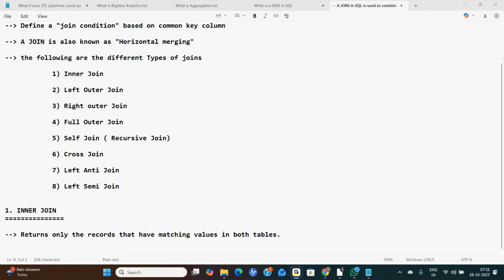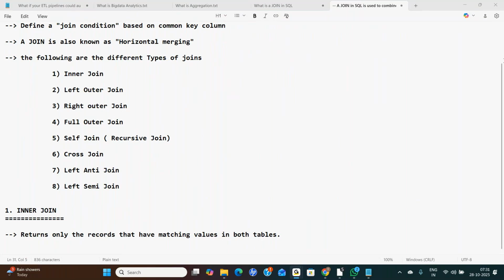That means it stores the data in a structured way. That is called structured data. A database stores only structured data, meaning well organized data in the form of rows and columns.